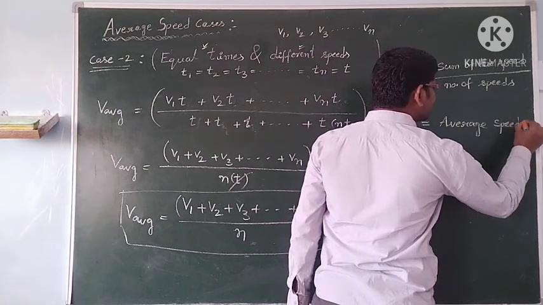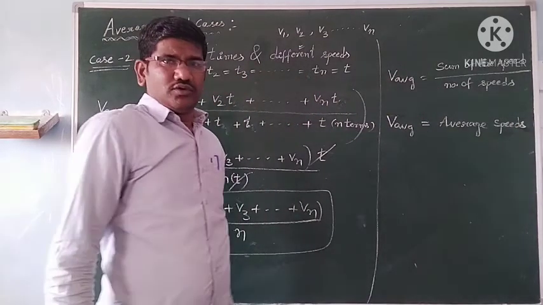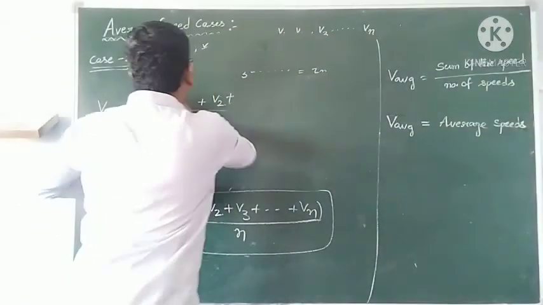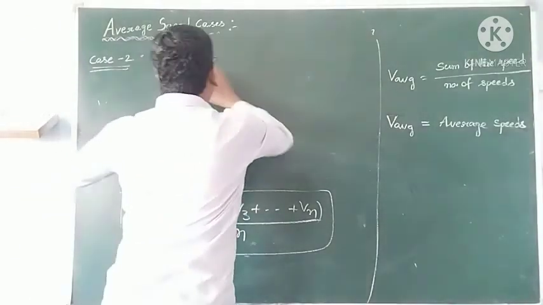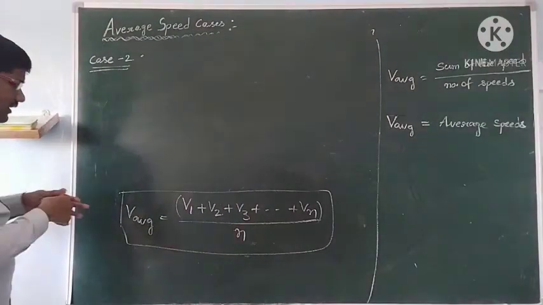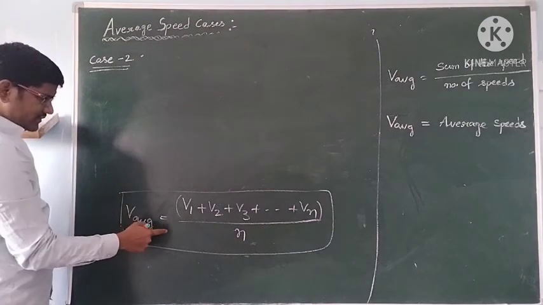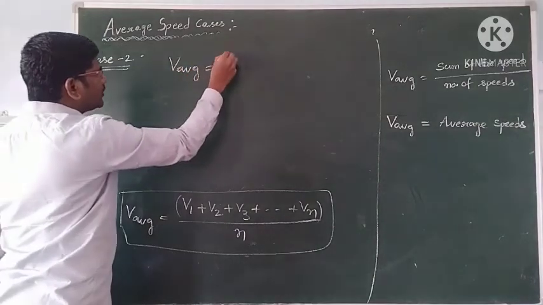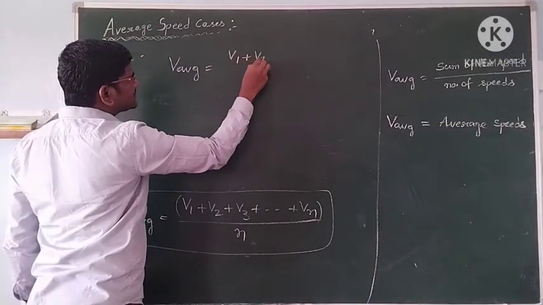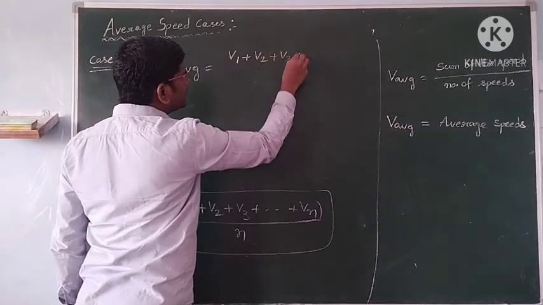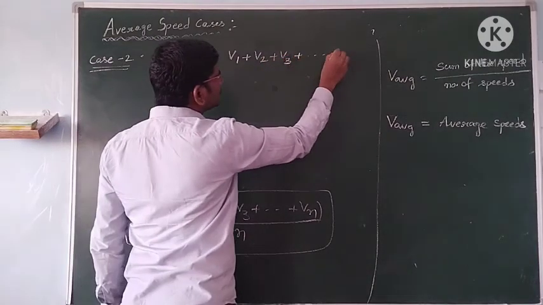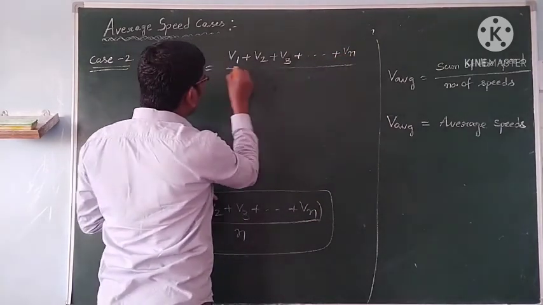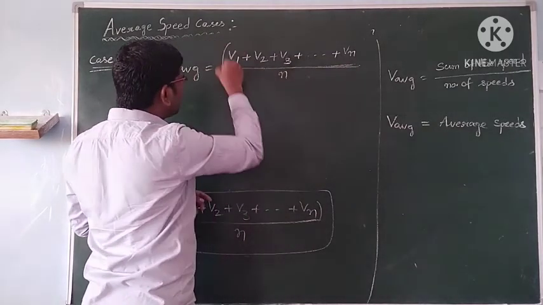Okay students, now see what our formula is when the time intervals are equal: V average is equal to V1 plus V2 plus V3 plus so on Vn by number of speeds.